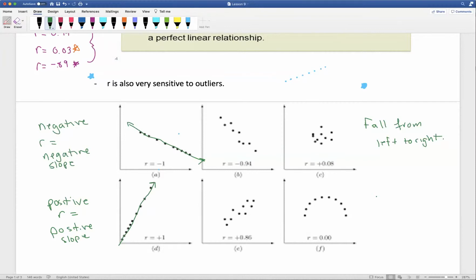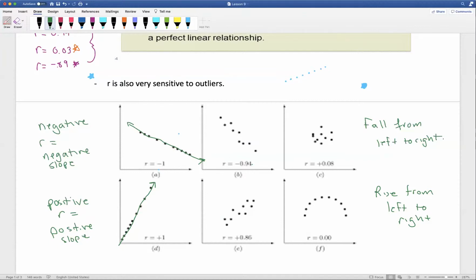So remember, positive slopes are going to rise from left to right or increase from left to right. Okay, so -1, negative slope, we have one line that can fit through all the ordered pairs. +1, positive slope, we have one line that can fit through all of the ordered pairs.